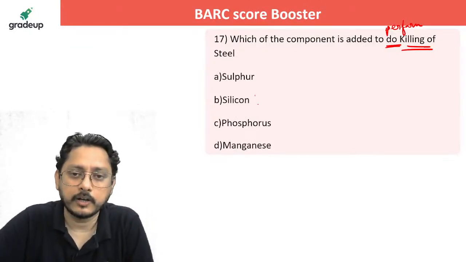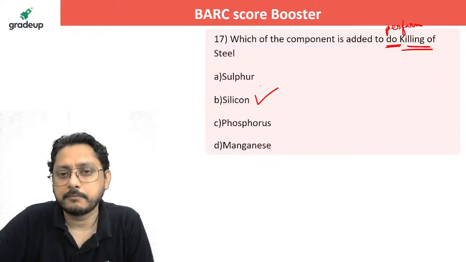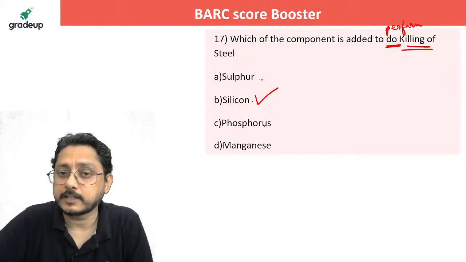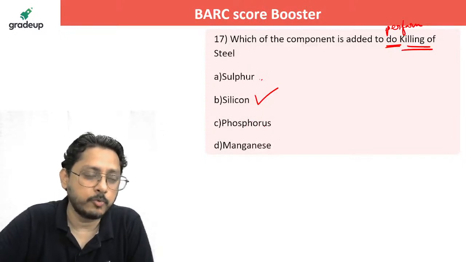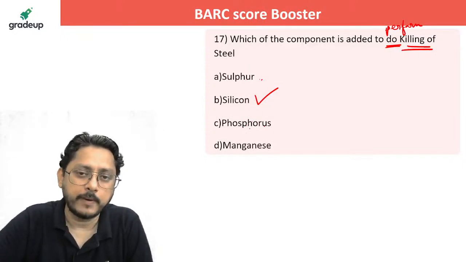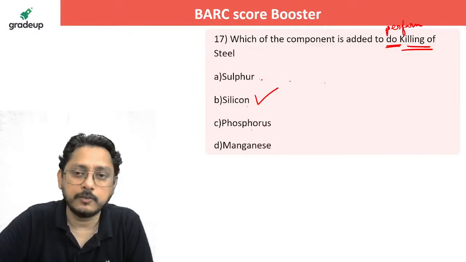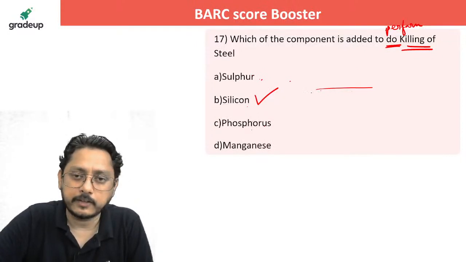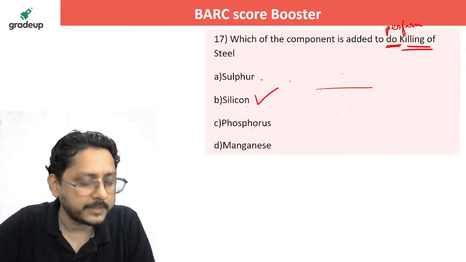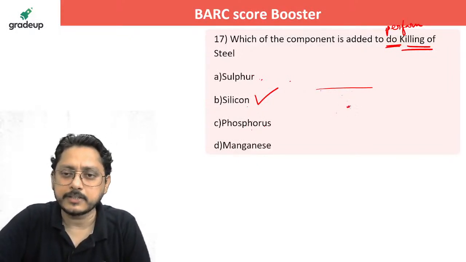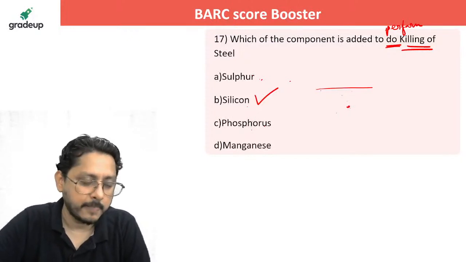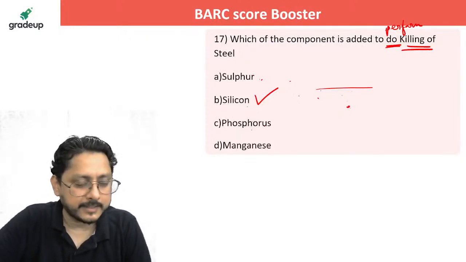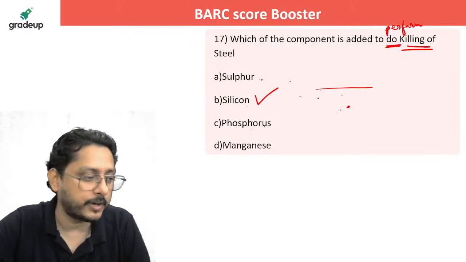Yes, it is silicon. Remember that sulfur and phosphorus are kinds of impurity which are difficult to remove 100%. Silicon we are adding because you oxidize the steel in an initial stage, and after oxidation some of the oxygen remains there, and it will make the steel brittle at that location. So excess oxygen is not at all desirable for the steel.